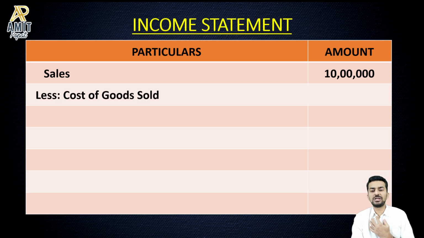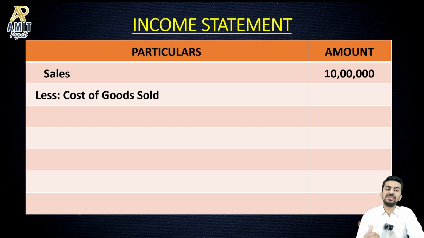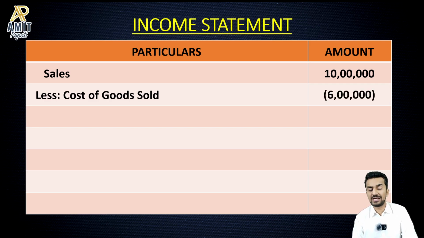So cost of goods sold typically means the cost that you incur to procure, or if you are a manufacturer, the cost you incur to manufacture the goods that you have sold. Okay, and cost of goods sold automatically adjusts inventories. Like if there is opening stock, if there is closing stock, it is adjusted because we say cost of goods sold. So for example, that is 6 lakh rupees.